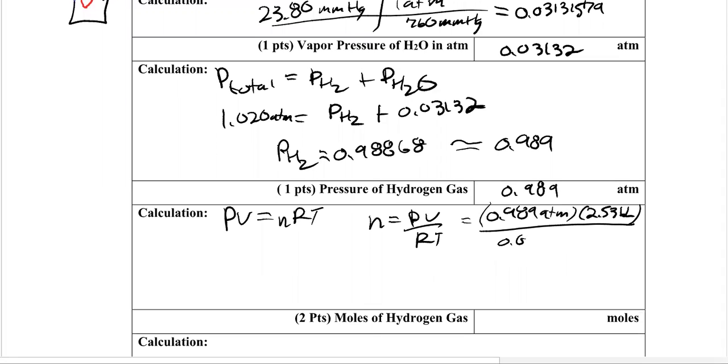For R, you can use the 0.0821, but I'm going to use the 0.08206 because it's more precise. And my temperature is 25 degrees Celsius plus 273.15 because I want to convert that into Kelvin.